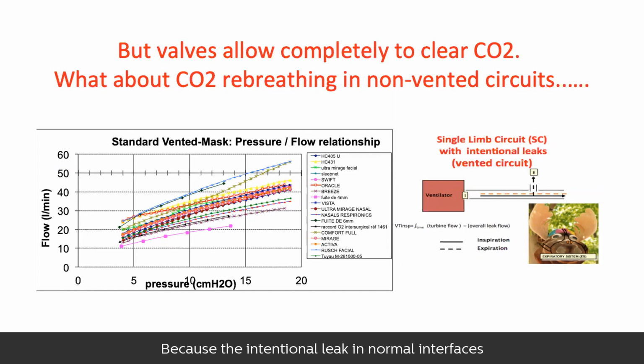Because the intentional leak in normal interfaces can reach 20 centimeters of water, up to 50 liters per minute of leaks. And this is the reason that led most of the companies manufacturing interfaces to decrease the amount of EPAP during bi-level ventilation to 3 centimeters of water.